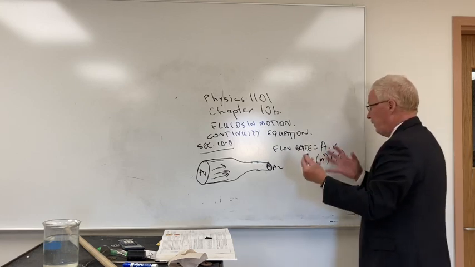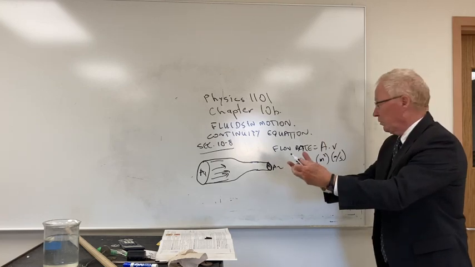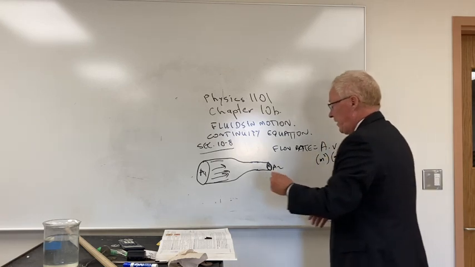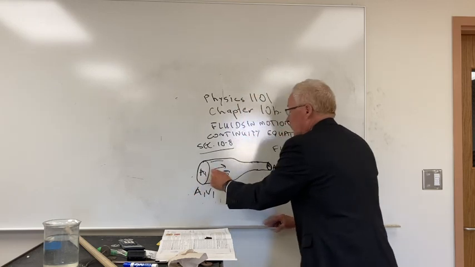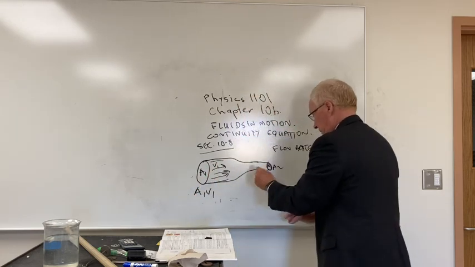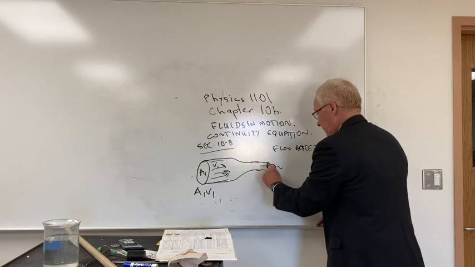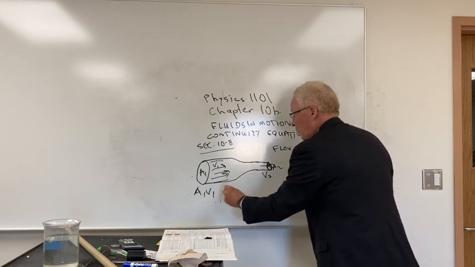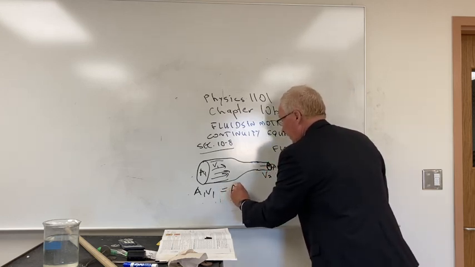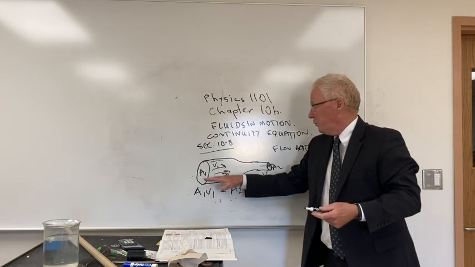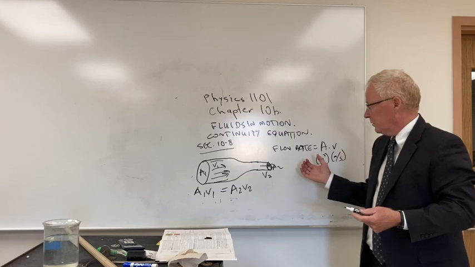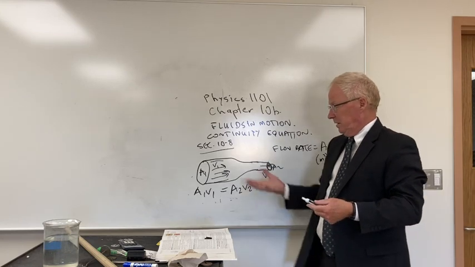So we end up with a flow rate of volume per second. So in this case, we have A1 V1, which is the velocity here, and the velocity coming out here is V2, and that'll be equal to A2 times V2. That makes sense because whatever you have coming in has to go out unless it's leaking somewhere else.